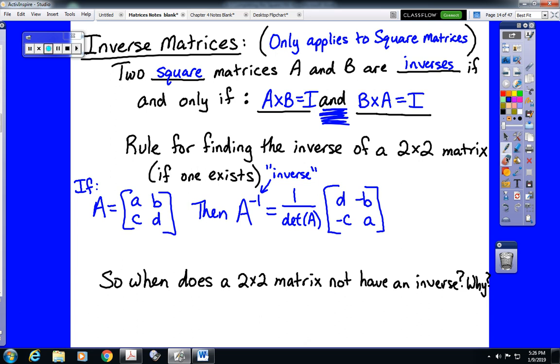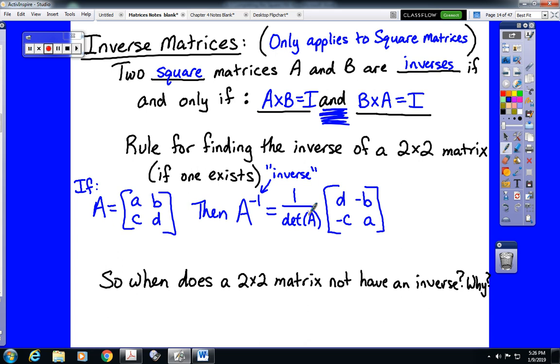So if we look at that and ask ourselves, all right, it says in the directions "if one exists." So there's got to be a situation where there isn't an inverse. What about this equation could result in there not being an inverse? Depending on how good you were at Algebra 2, you may notice that this fraction has a variable in the denominator.